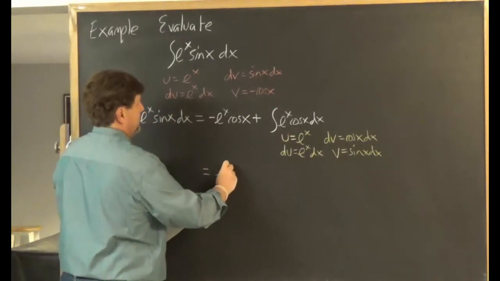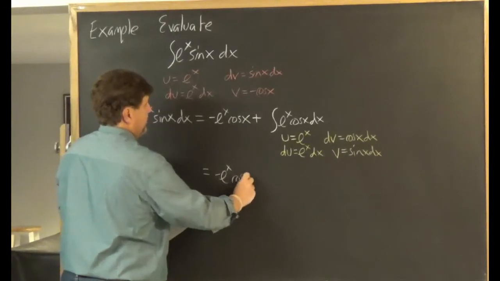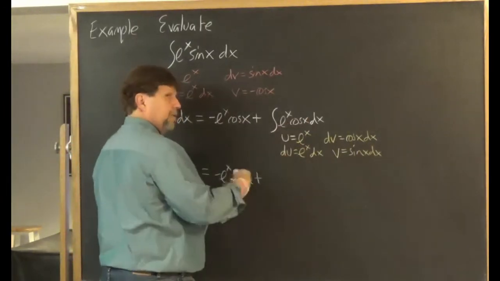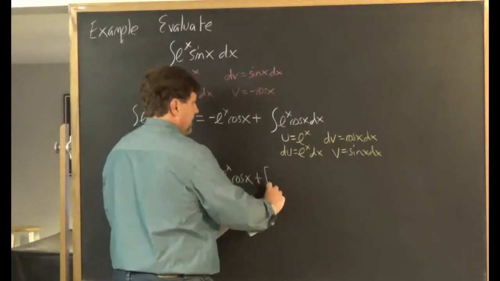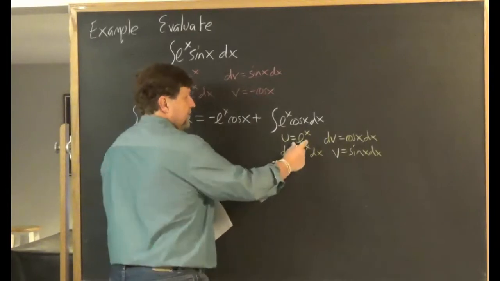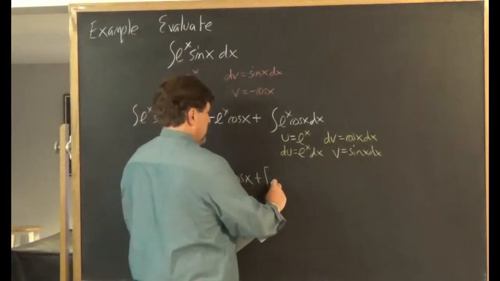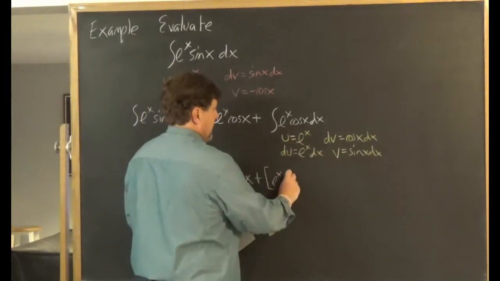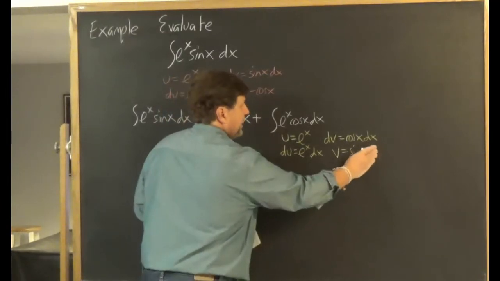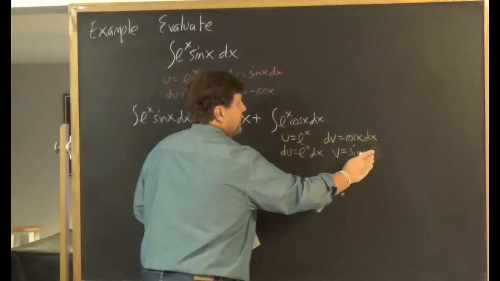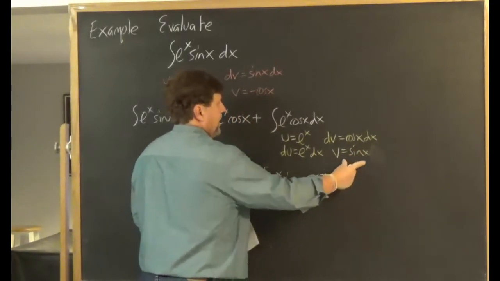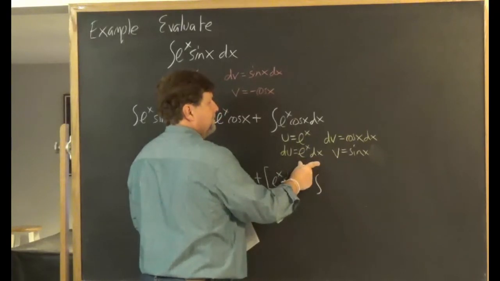Plus, I'm cranking this integral through integration by parts, so I'll put the result of integration by parts in square brackets. So we have u times v, so e to the x sine x. Oops, sorry there. I got a little carried away with my dx's. Minus the integral of v du.